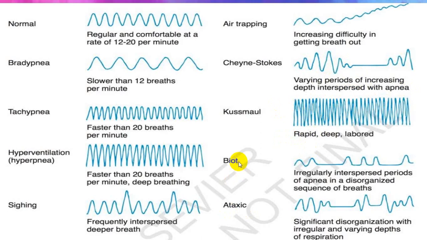In Biot's breathing, you will have an irregular breathing pattern with irregular apneic phases. There are two more words which do not fit specifically in any specific condition. That is sighing breathing, which is frequently interspersed with deeper breaths, and ataxic breathing, which is disorganized with irregular and varying depth of respirations.